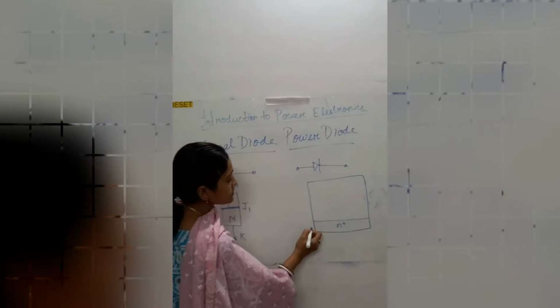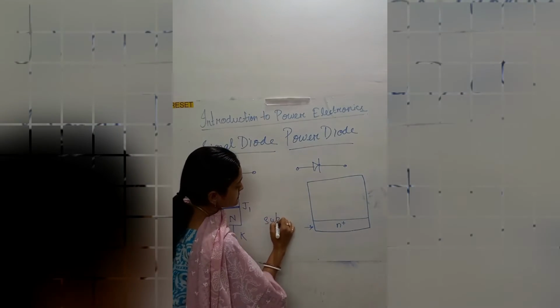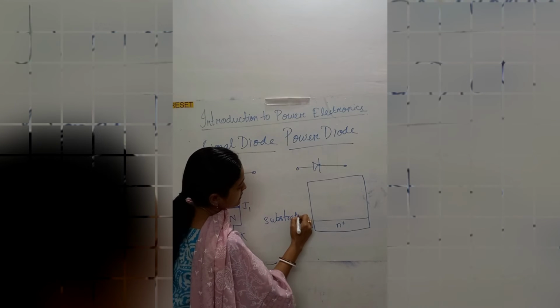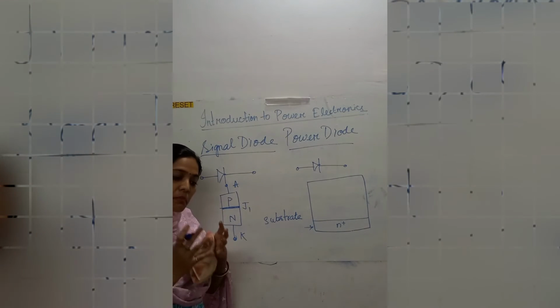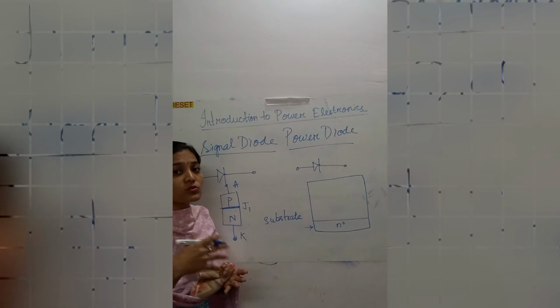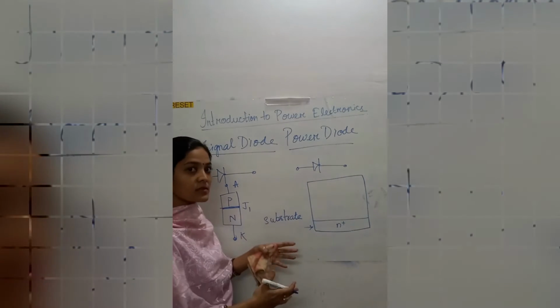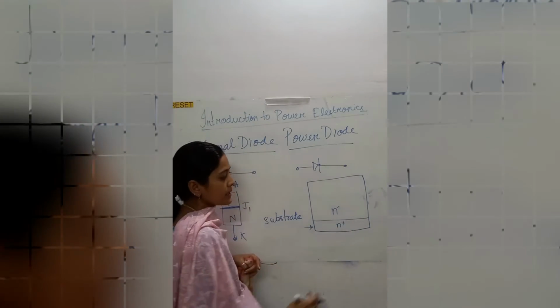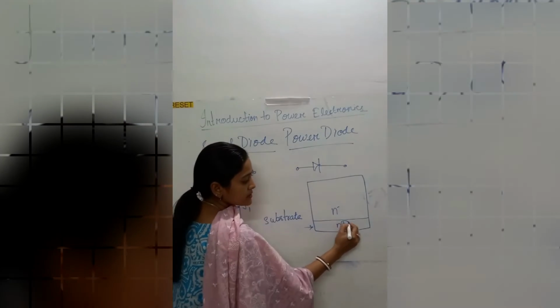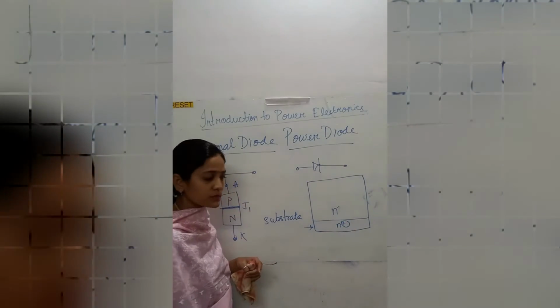Substrate means what? Substrate means a base upon which something grows. Now what is that something which is growing? That is N minus layer. N plus means, this plus means heavily doped.